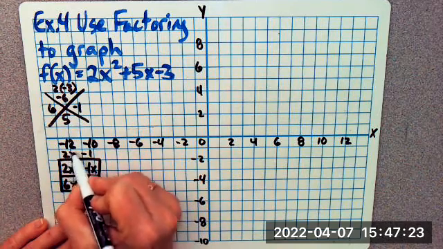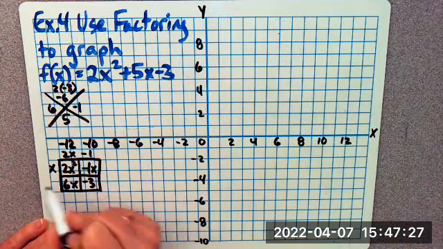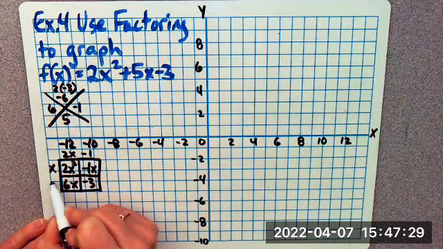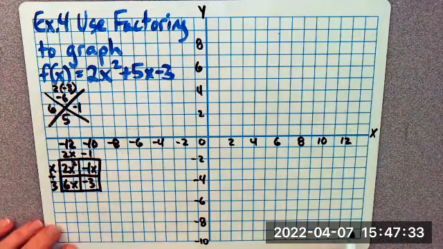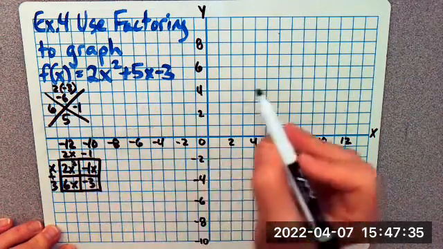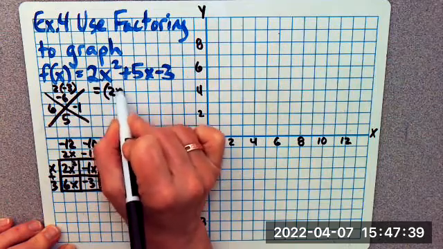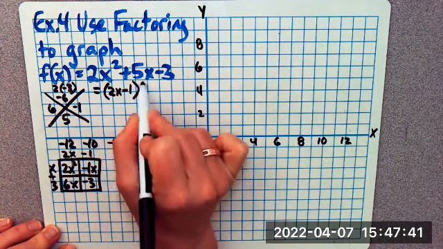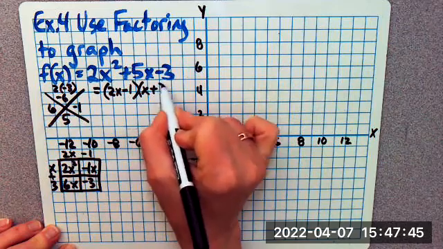This is a 2x. This one we have just x in common. And this one we have 3. So we have a plus 3. So let's find our roots. So this is factoring as 2x minus 1 and then x plus 3.